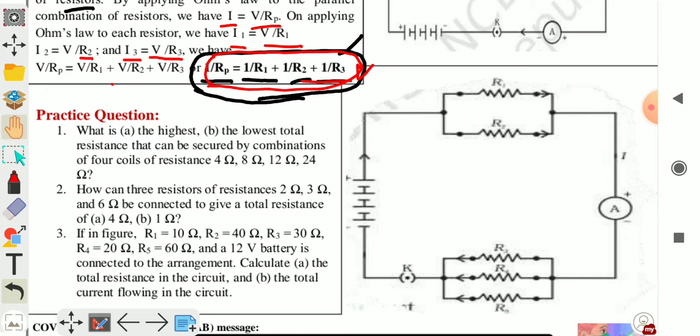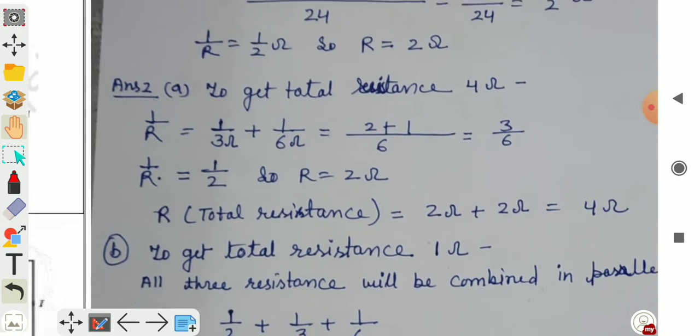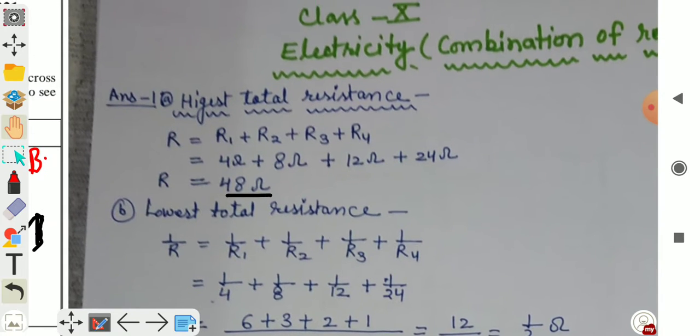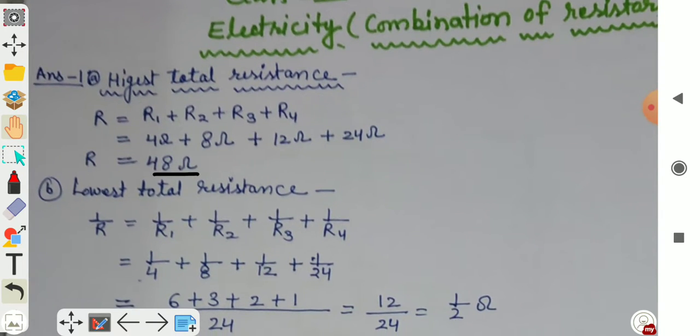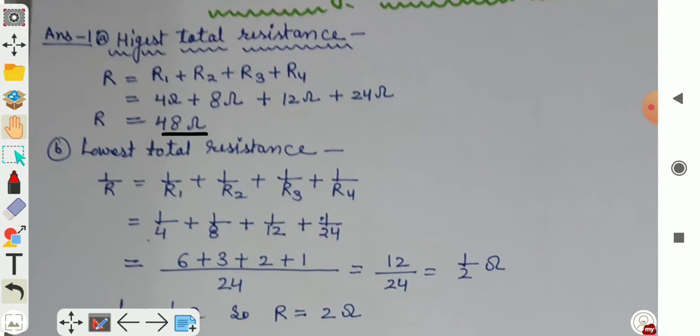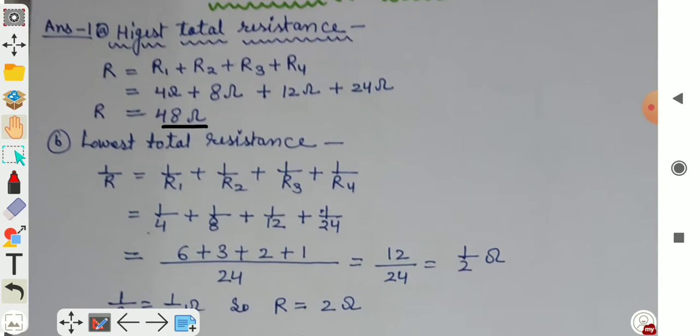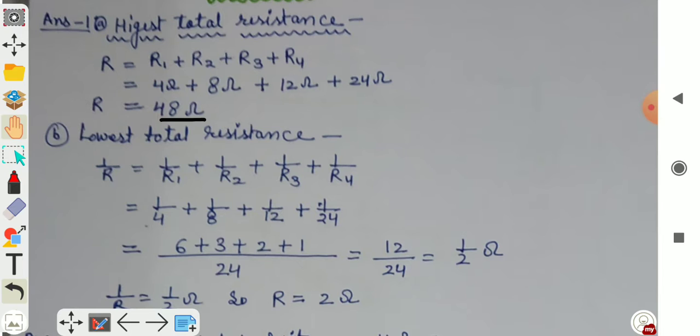How will you calculate the highest and lowest total resistance? In the first case, you add all the 4 resistors in series, so we simply add these and your answer will be 48 ohm.